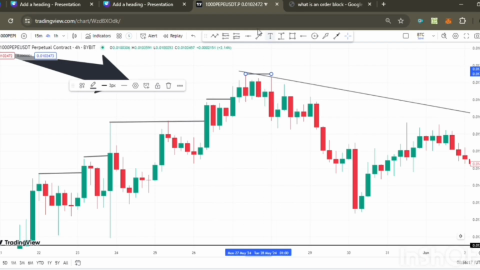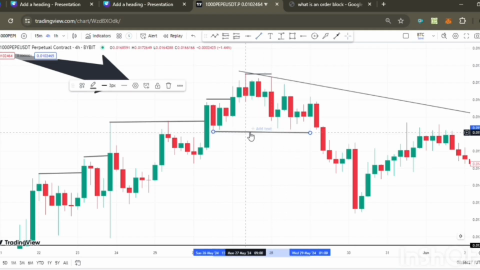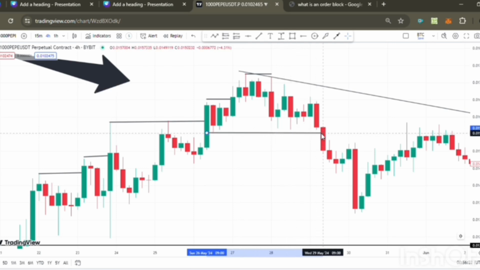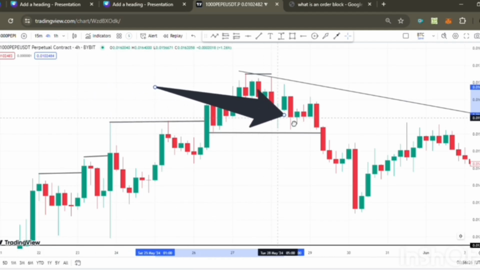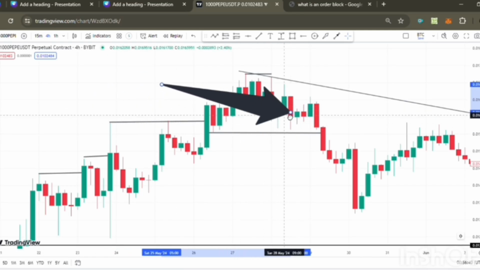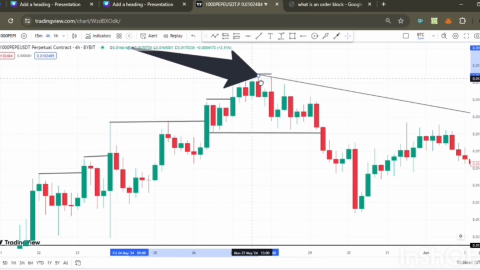So from here now, you draw this line. From this line, you cannot confidently say that the market has made a change of character here. Why? Because the market could not push further up, and the market started making some reversal.